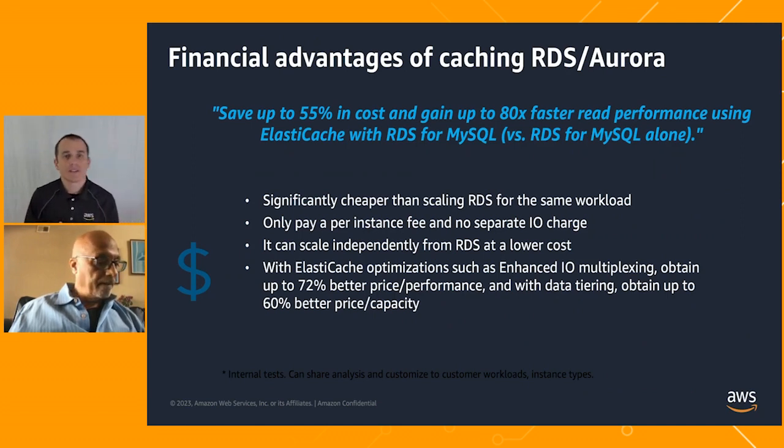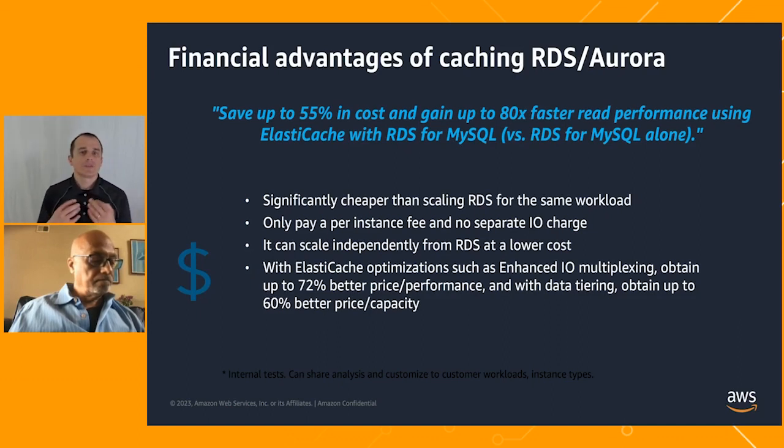Now, since I mentioned data tiering, it provides a new price performance option for Redis workloads by utilizing lower cost solid state drives in each cluster node, in addition to storing the data in memory. And it's ideal for workloads that access up to 20% of their overall data set on a regular basis. When available memory is fully consumed on an ElastiCache node, the service will use a least recently used algorithm to automatically move infrequently accessed items from memory to SSD.